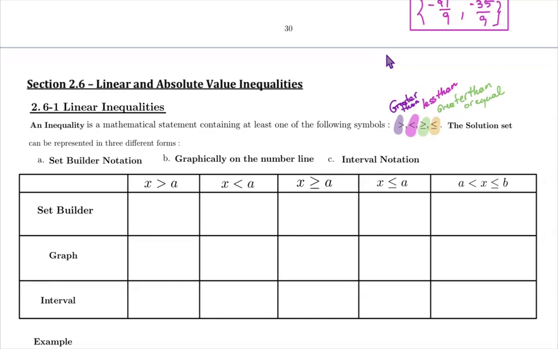When the bar is underneath, you have less than or equal.